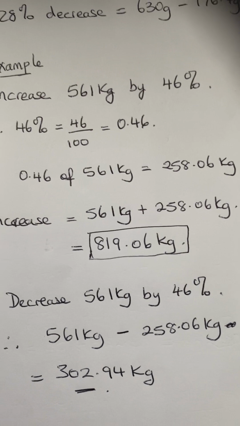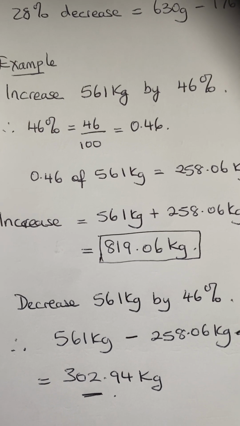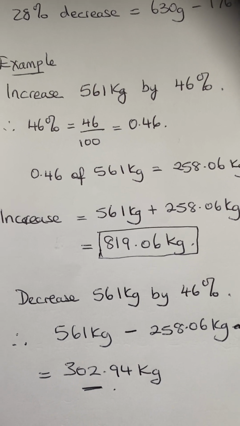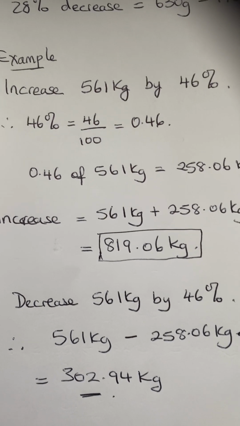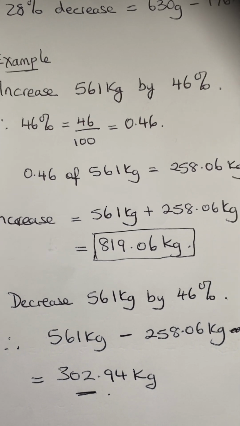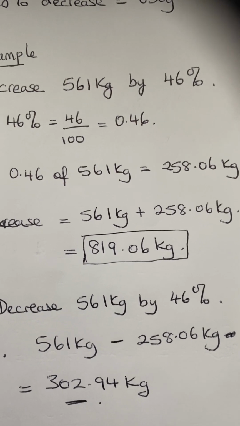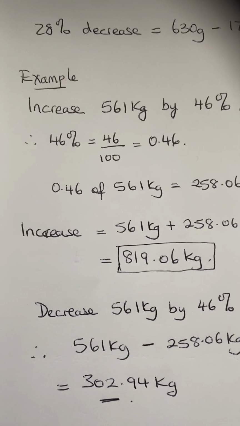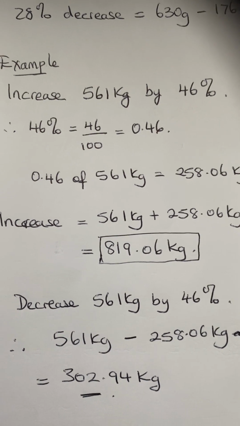Go back and watch this video and try to understand and choose which one is good for you. If you know all three, it's good, because if it's a non-calculator paper, then you can easily use the first method, what we did in the starter version, to solve.